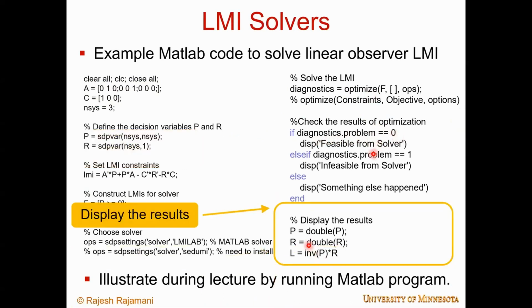Once you do that, then you have all the matrices you need. P and R are returned by the solver, and you find L by using P inverse times R. So this is really easy, and for this particular problem, with the A and the C defined here, the system will be solvable.